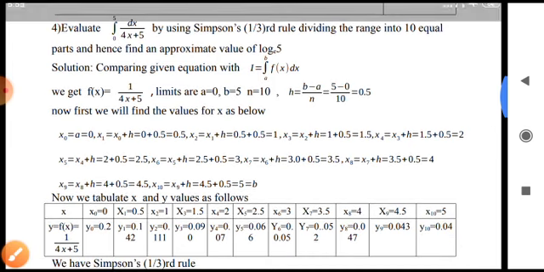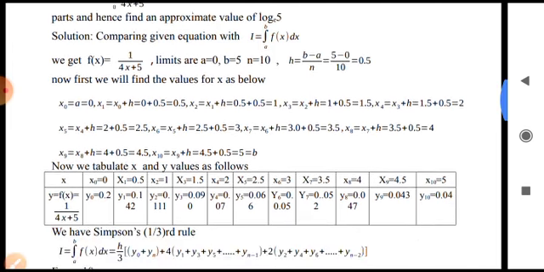Now we will find the values of x as below.